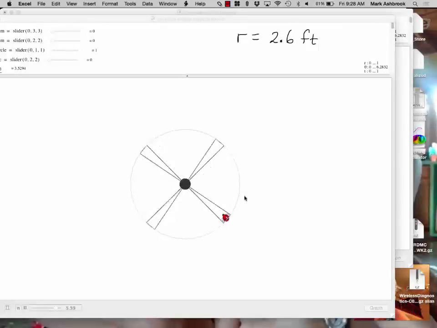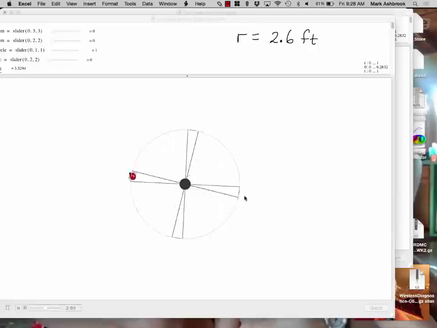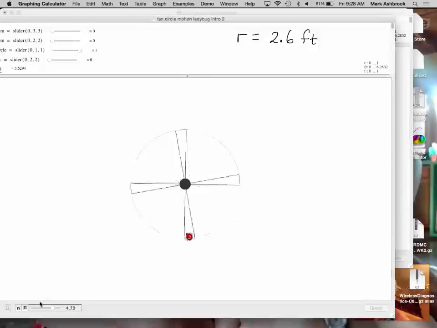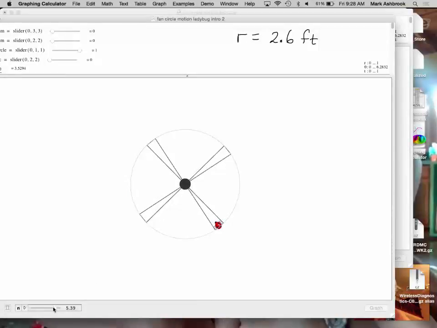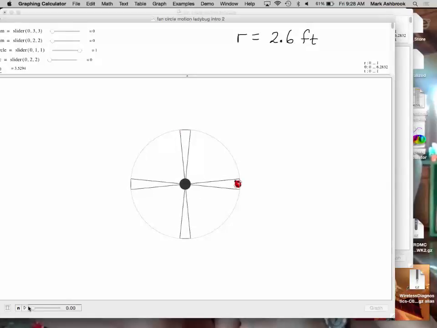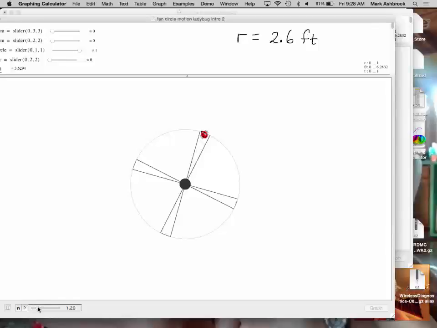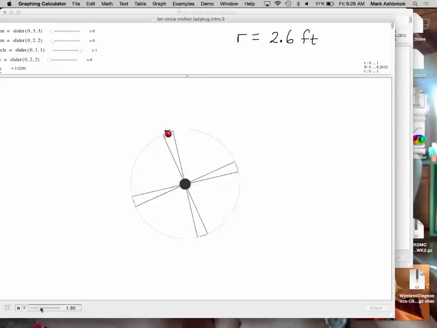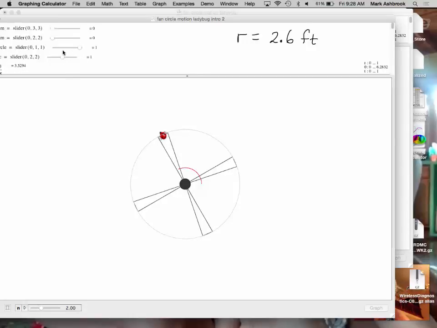Okay, so if the bug travels 5.2 feet, how many radians does it travel? No calculator necessary, right? You just recognize what 5.2 is relative to our given information. It's 2 radius lengths, right? It's 2.6 times 2.